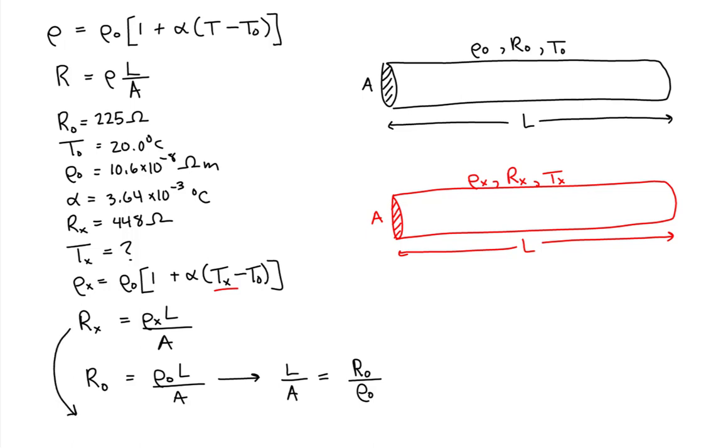This means that our resistance in our furnace is equal to the resistivity of our thermometer times the resistance at 20 degrees Celsius over the resistivity at 20 degrees Celsius. Let's call this equation 2. Let's call the earlier one equation 1.